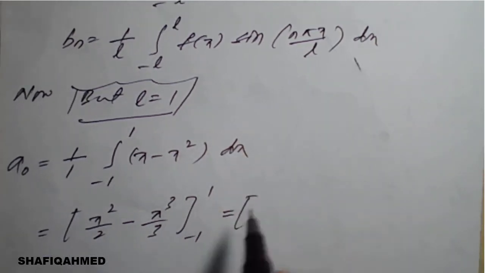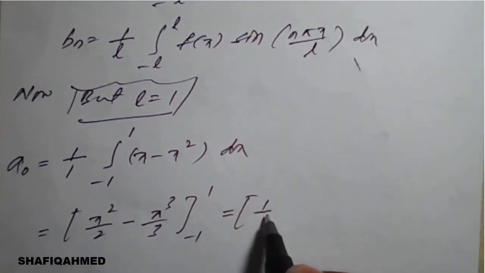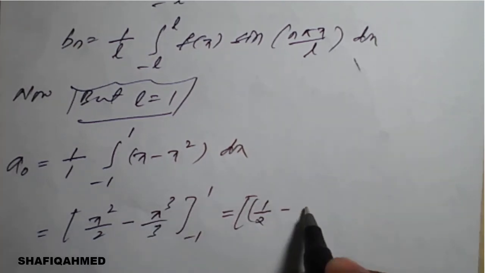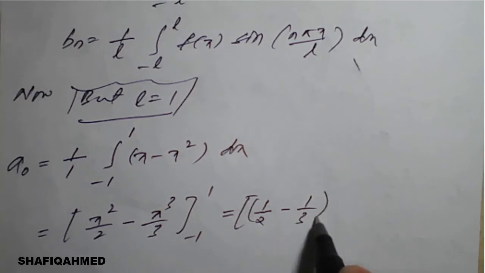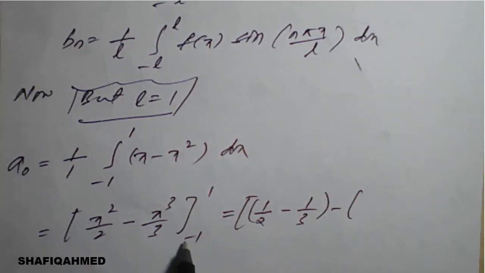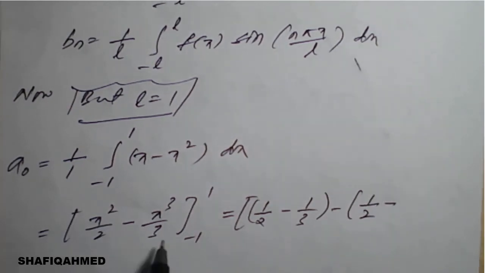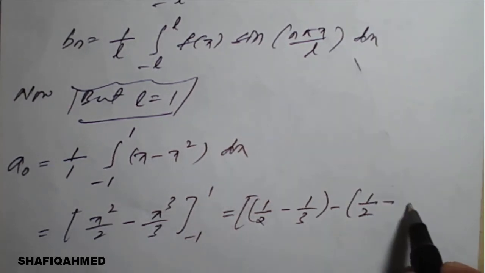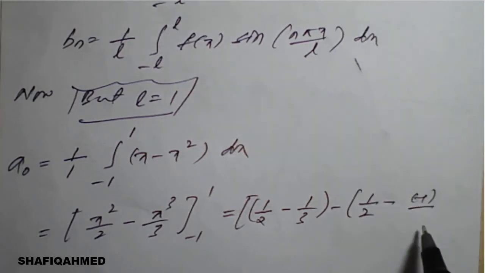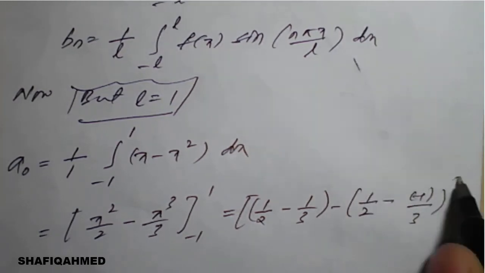Apply upper and lower limit. If you apply upper limit, 1 square is 1 upon 2 minus 1 cube is again 1, so 1 upon 3, upper limit minus lower limit minus 1. If you apply, minus 1 square is again plus 1, so 1 upon 2 minus, minus 1 cube is minus 1 divided by 3.